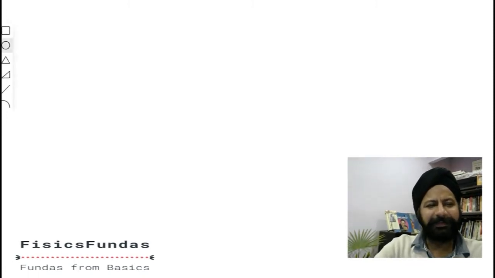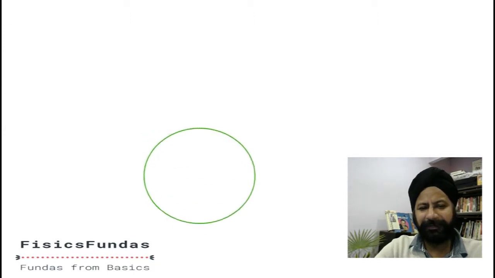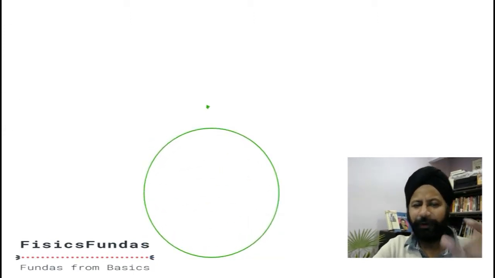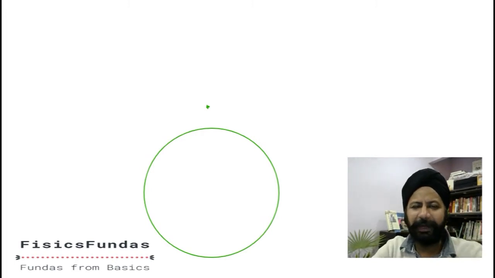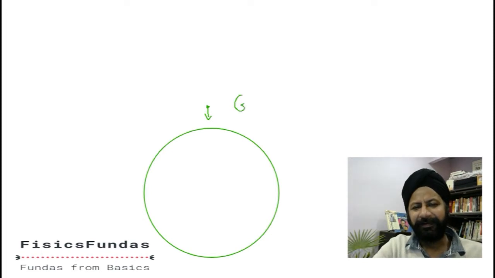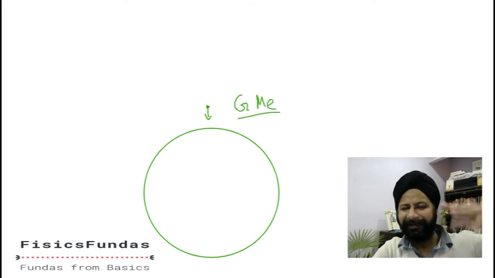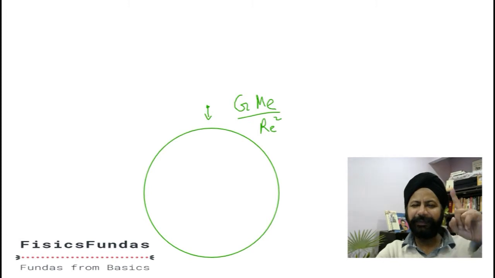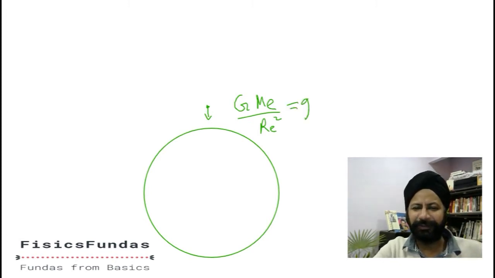If this is Earth, at this point, if I put 1 kilogram of mass, how much is the force? The force experienced by that is G multiplied by the mass of the Earth divided by the radius of the Earth square, because we are very close to the Earth, we don't care about the height. So isn't this the force experienced by 1 kilogram, and that is small g.